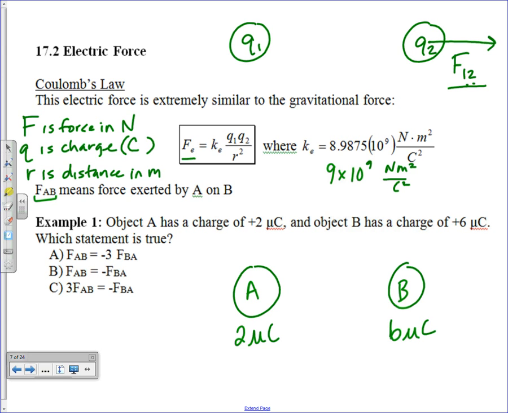What we're doing here is comparing the force of B on A to the force of A on B. Although the charges are different, the force between those two objects will be the same. It will be equal and opposite. Newton's third law tells us that. So the correct answer here is B.